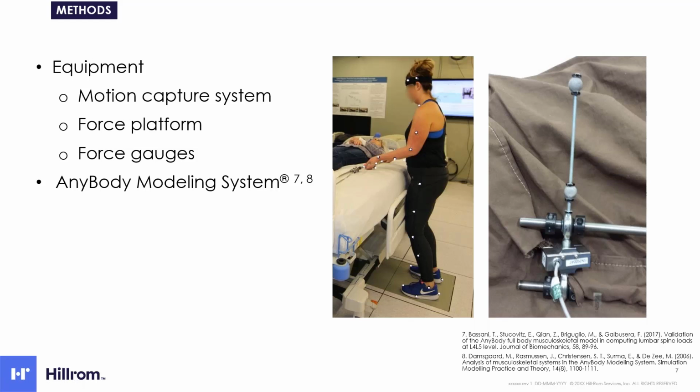So these force gauges are selected to minimize the distance between the metal bar and the edge of the sheet. So basically, when performing the task, caregivers pull at this metal bar, and their pulling force will be measured by the force gauges.